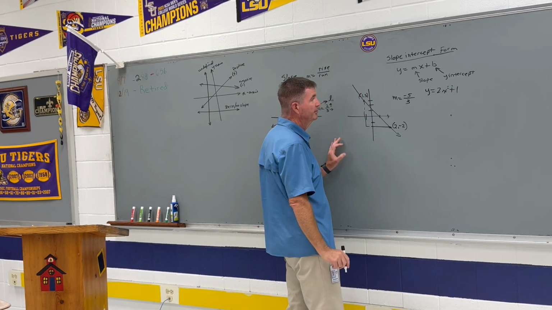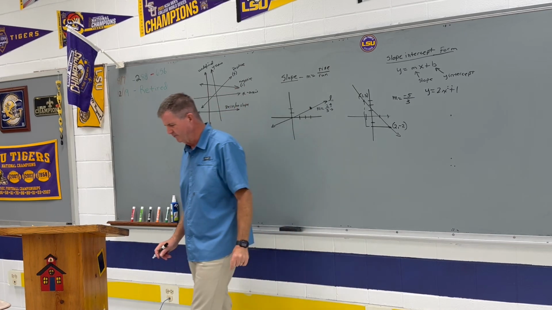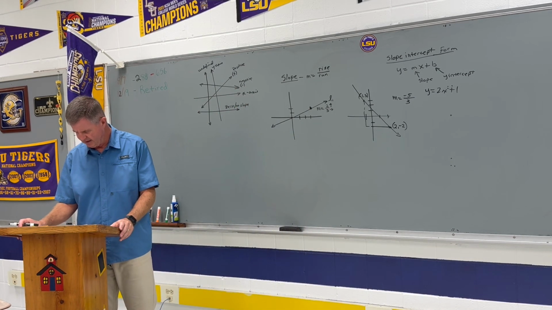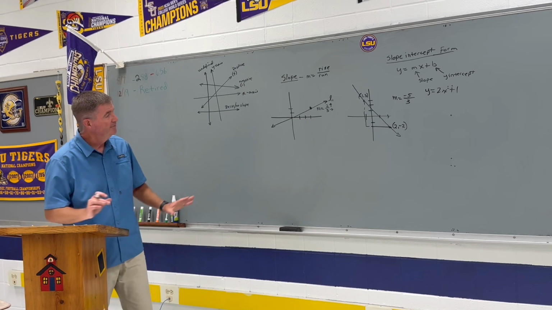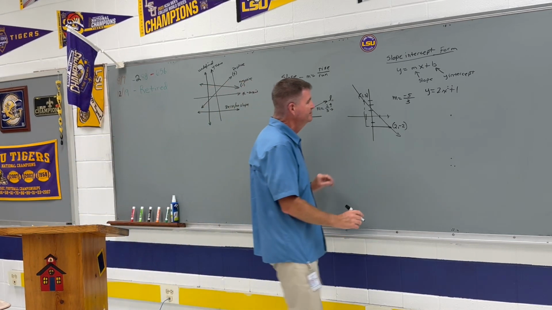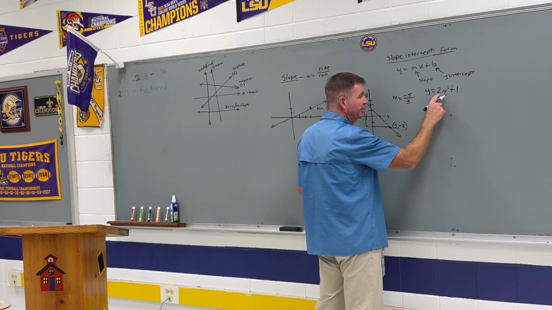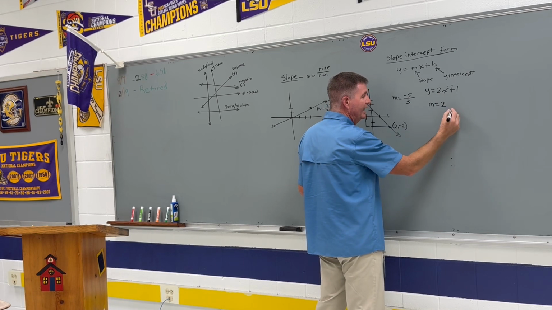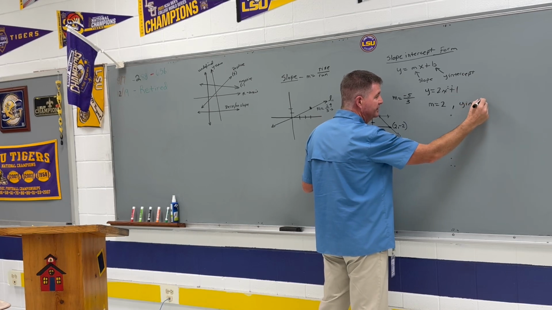That would be an example of an equation of a line in slope-intercept form. If they give me this, they could ask me to find the slope. In this case, the slope would be the number in front of the x, 2, and they could ask me to find the y-intercept, and the y-intercept would be 1.